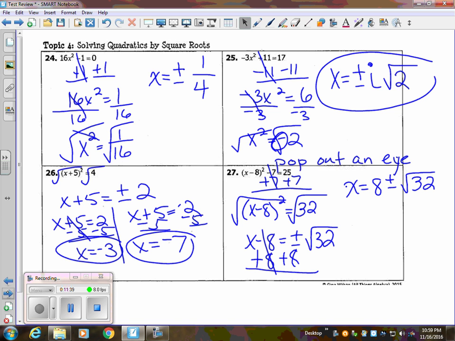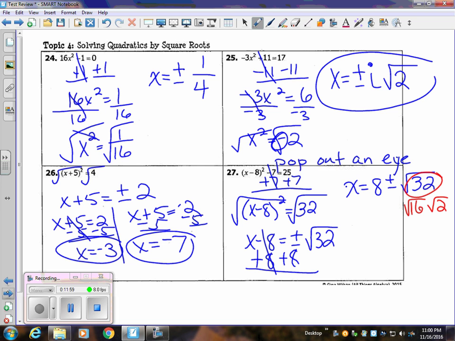Now, you should go one step further. Look at the square root of 32. It is not perfect, but check your square root list and start going through and see if there is a square root hiding in there. And 32 is 16 times 2. So there is the square root of 16.